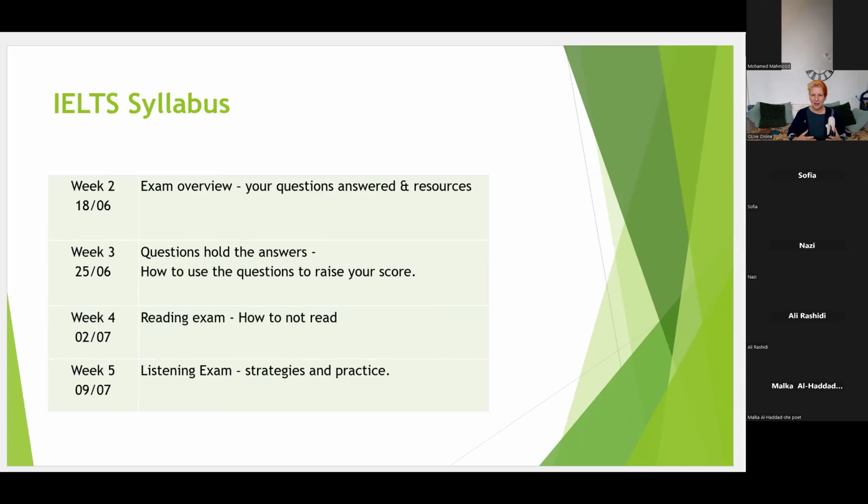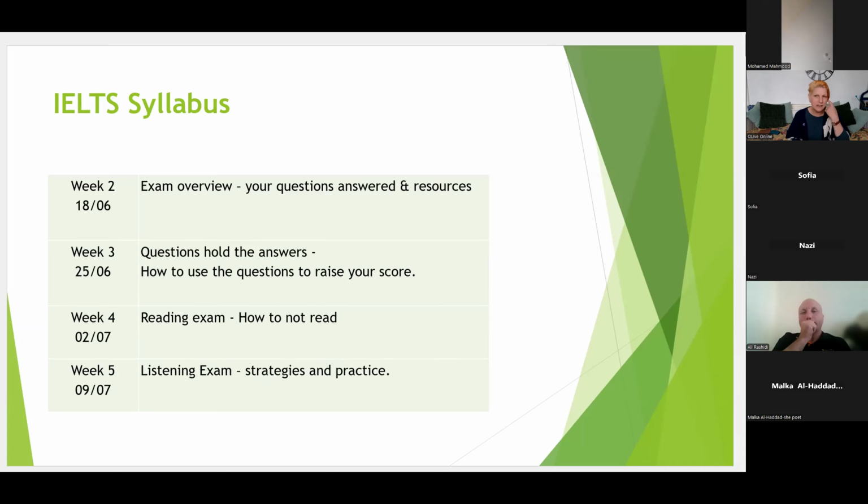It's not like other exams where you really have to just learn a particular set of information and then make sure that you can talk about it, explain it, use it in an exam. That's not what this exam is about. This is about communication. It's communicating in the English language.